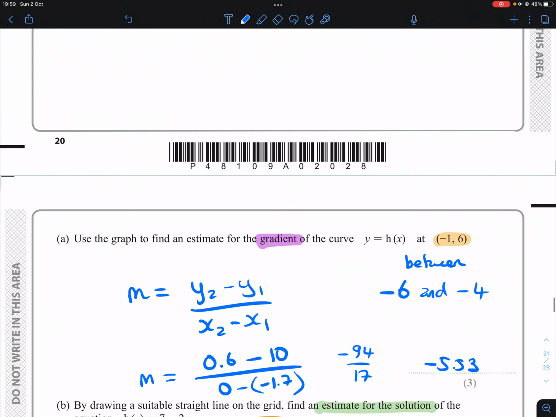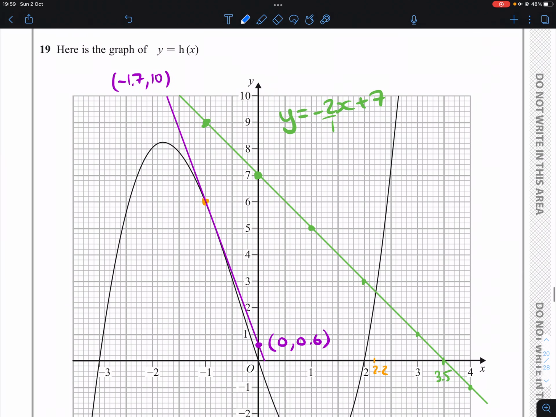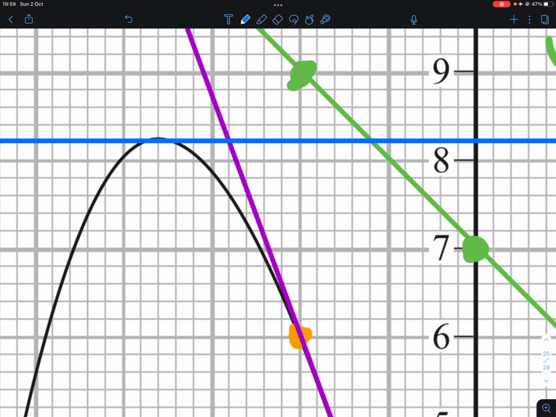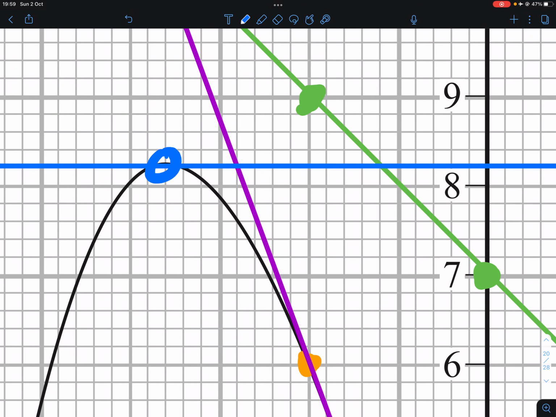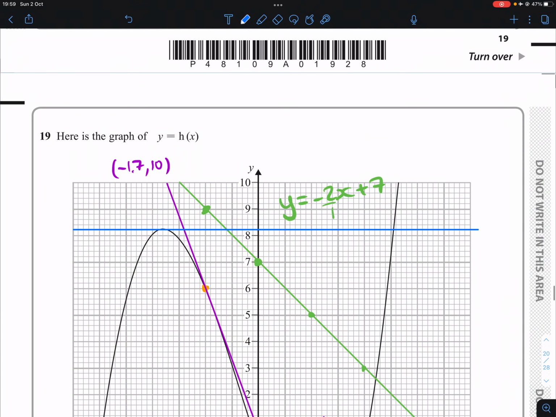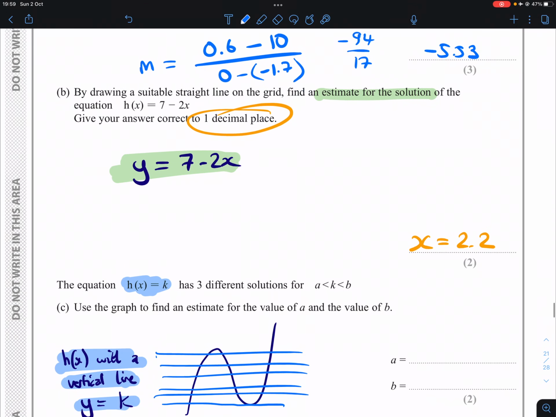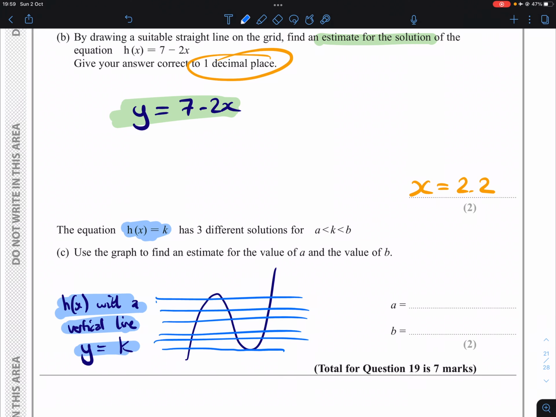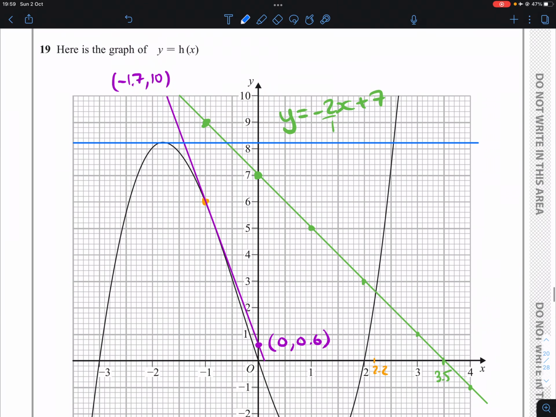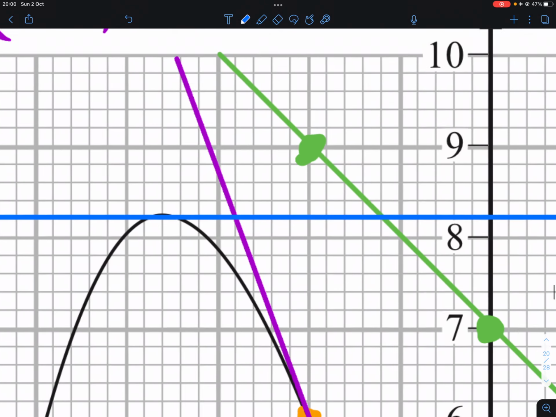So we use our graph as an estimate here for what is the height of that, first of all. Now it looks just above 8.2. We're so close to being 8.2. If you put 8.21 or 8.22, that's going to be accepted unless there's something about it being whole numbers or decimals. It doesn't really say. Again, you've got the estimate here. 8.2 all day long will be accepted.